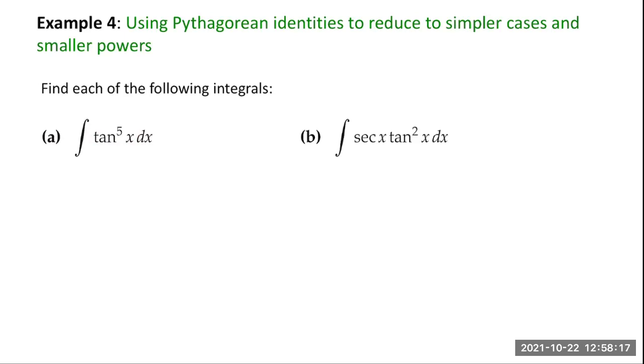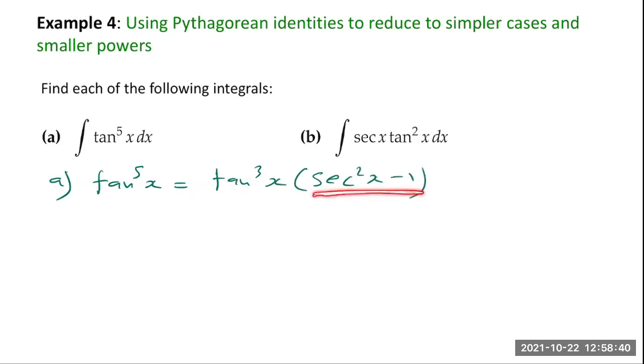So before I start my integration, I'm going to simplify my tan 5x. I can write this as tan 3x times (secant squared x minus 1). Notice that secant squared x minus 1 is tan squared x, so you have tan squared x times tan 3x, which is tan 5x.